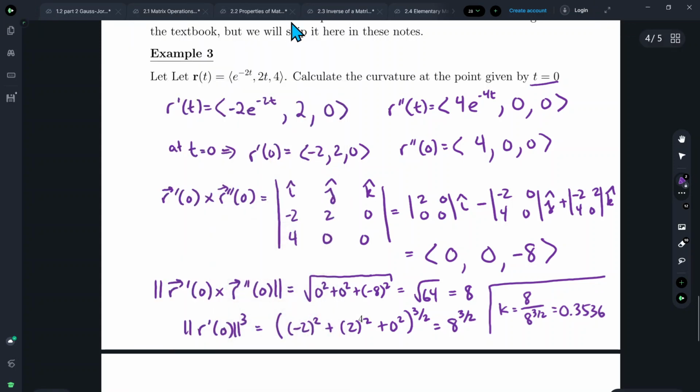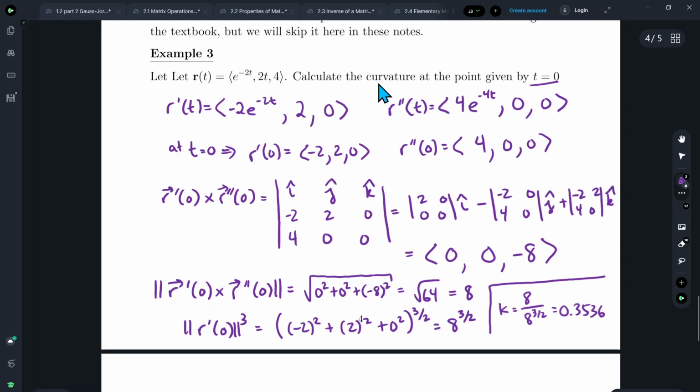Okay, so that's how we calculate the curvature. So again, this problem was slightly simplified because we're only asked to calculate the curvature for a single value of t. So that means that you can just calculate these quantities for t, and then the rest of the calculations doesn't involve t any longer.